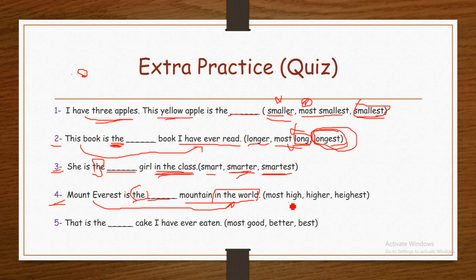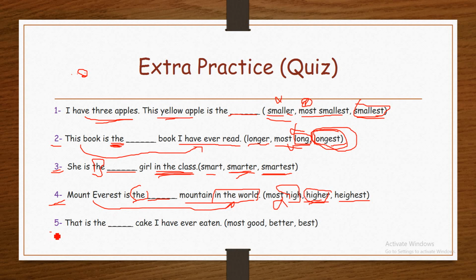High is one syllable. We can't say most high. Higher is correct, but it is comparative. We need a superlative adjective. Mount Everest is the highest mountain in the world.